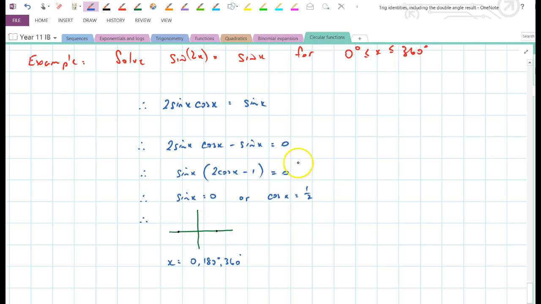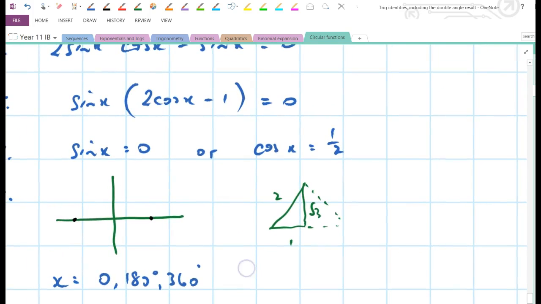Cos x equals 1/2. All right, so what's going to help us here is that little half triangle there, where that's 2, that's 1, and that's root 3. I'll just blow that up a little bit for you. Cos x equals 1/2 is that angle in there, and that angle is equal to, in degrees mode, 60 degrees.